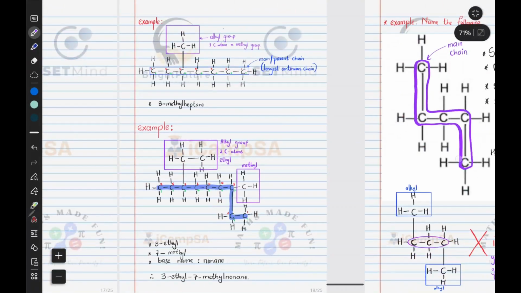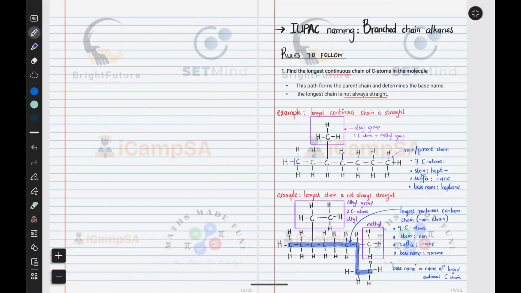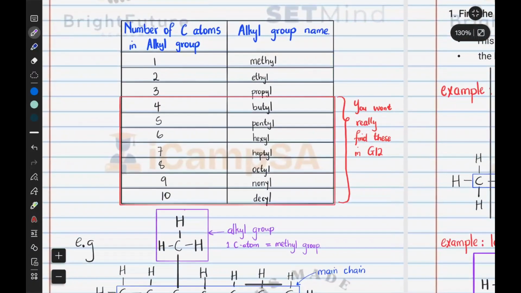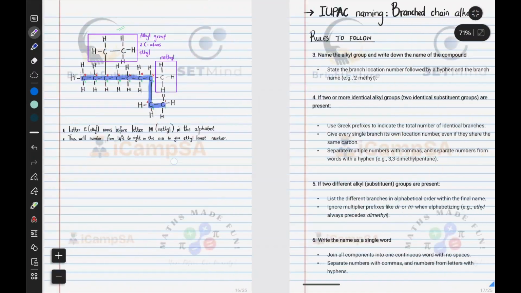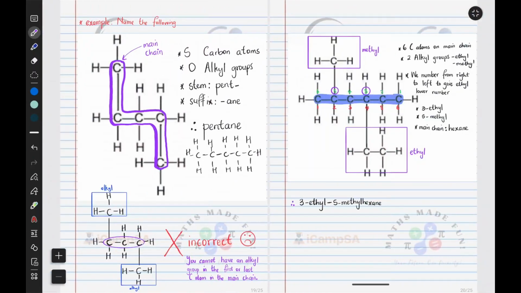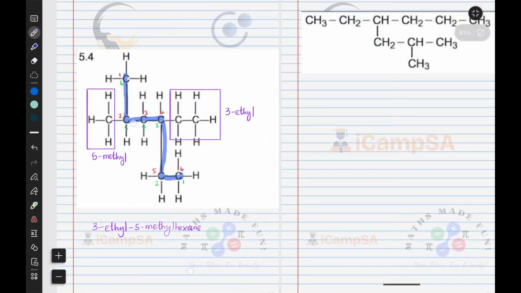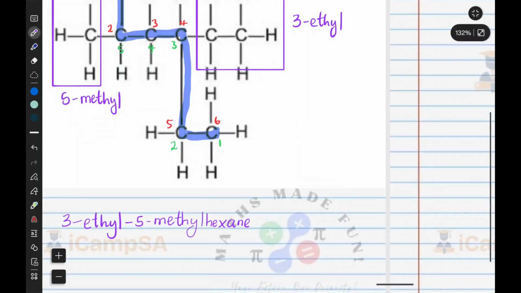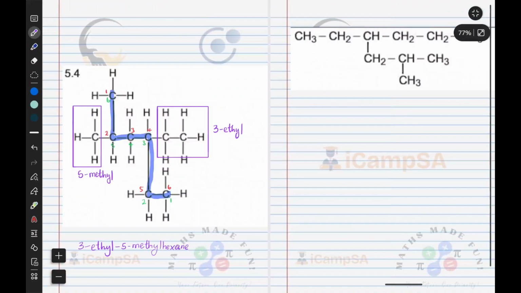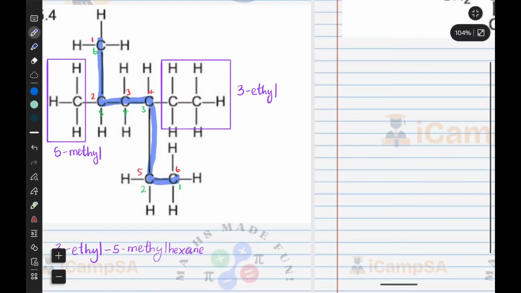All right, just to double check, if there's 6, yes, it's hex. So this one is hexane because I'm using the stem and the suffix for the main chain.